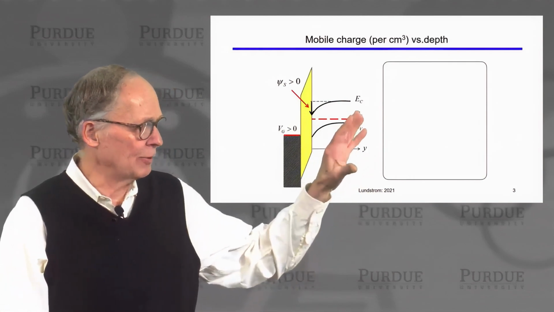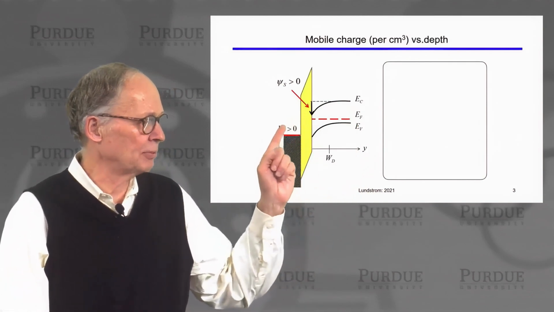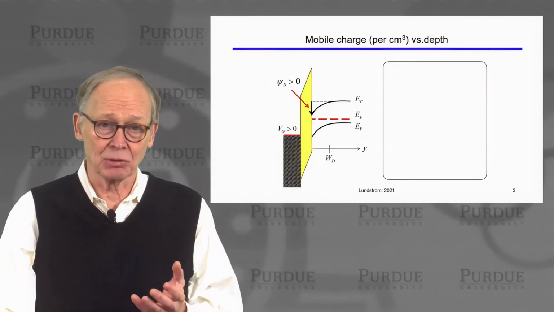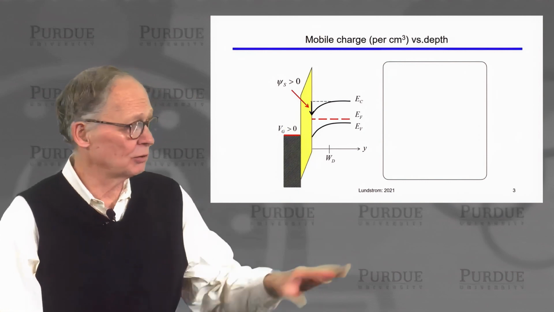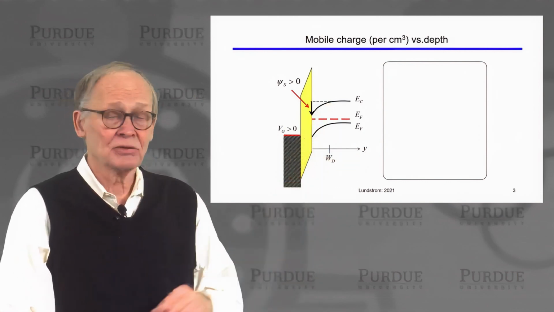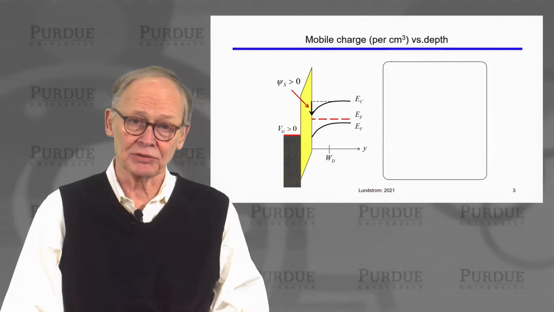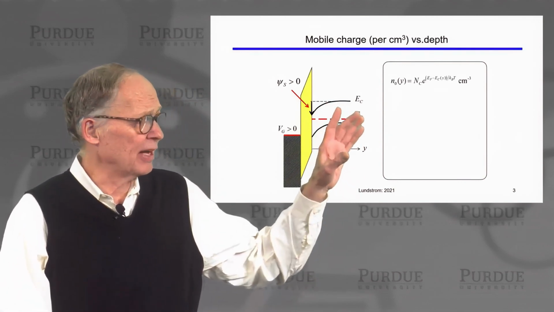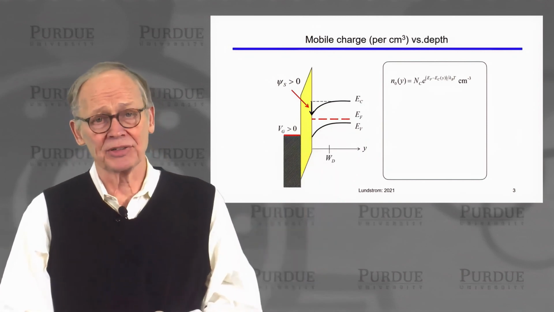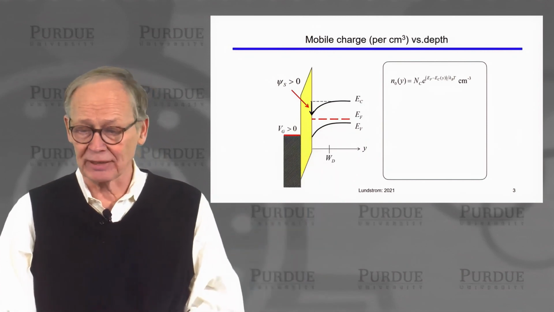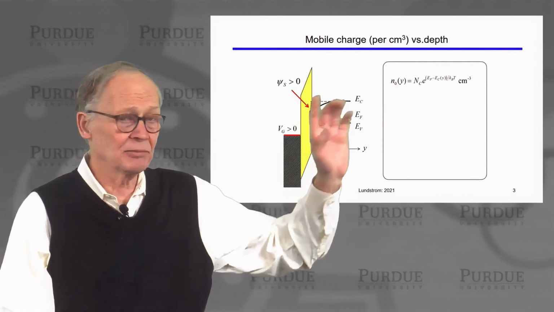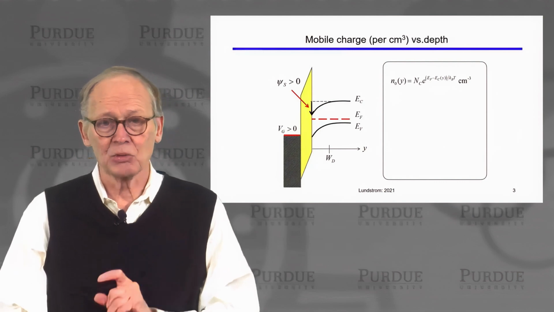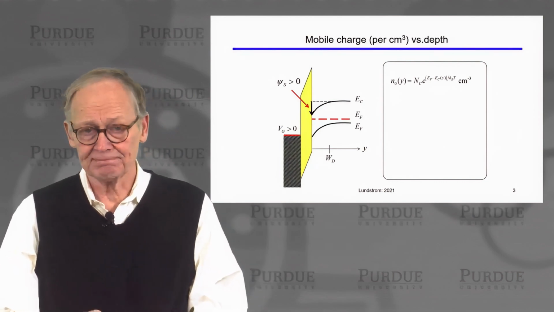All right, here is an MOS structure biased at a positive gate voltage. It may be below threshold, it may be above threshold, but the bands are bent down. So we have more electrons at the surface than we do in the bulk. If we want to evaluate the electron density per cubic centimeter into the depth of the semiconductor, we know that it's related with our usual expression to the location of the Fermi level relative to the bottom of the conduction band.